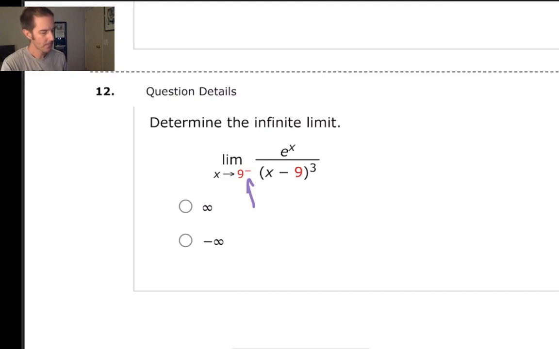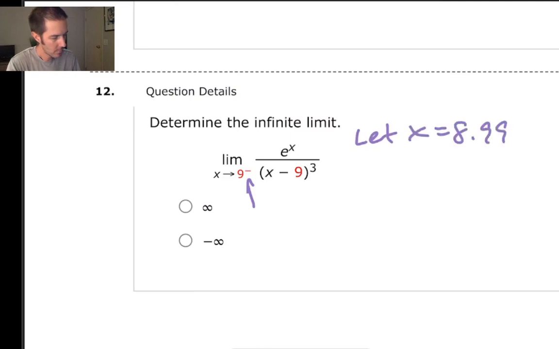So you could do that, or imagine you're using 8.999. It's a little bit to the left of 9. Take 8.999 and plug it in for x.